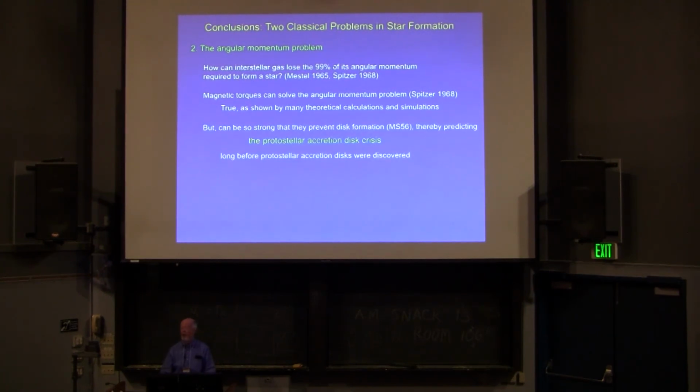In fact, they're so good that you wind up with the protostellar accretion disk problem, that you can really remove all the angular momentum, thereby preventing disks from forming. But there's a big problem, because we observe, even in the class 0 stage, that disks have already formed. But again, just in terms of looking at the power of theory, this prediction was made long before protostellar accretion disks were even discovered.